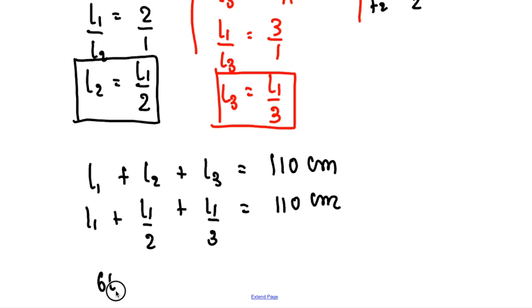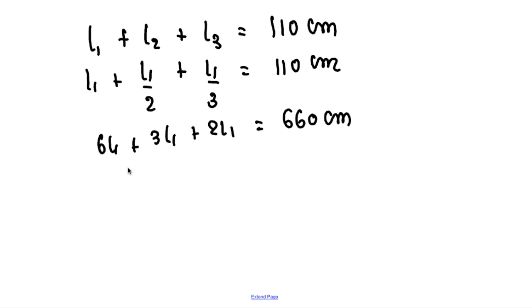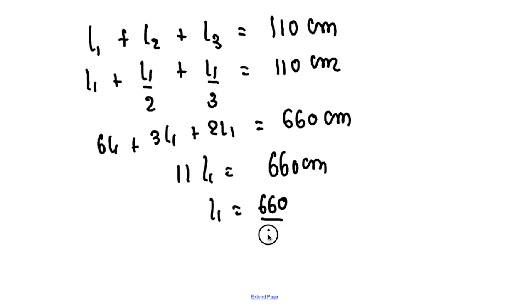So 6L1 plus 3L1 plus 2L1 is equal to 660 centimeter. I'll get 11 L1 is equal to 660 centimeter. L1 is equal to 660 by 11 centimeter, that is equal to 60 centimeter.